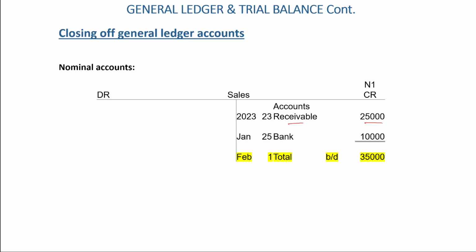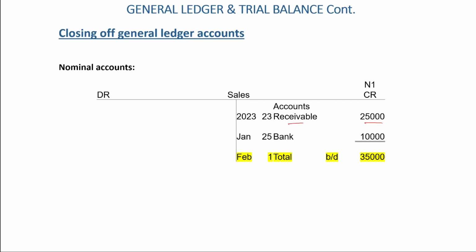This will be represented by account receivable to show that this is the customer that bought the stock. If it was a cash customer, then it was going to say bank over here. As you can see on this one on the 25th, this is the customer that paid cash, which is 10,000. So he bought stock from us worth 10,000. And then this one bought stock worth 25,000 but did not pay us. He bought on credit. So therefore, we're going to have account receivable.